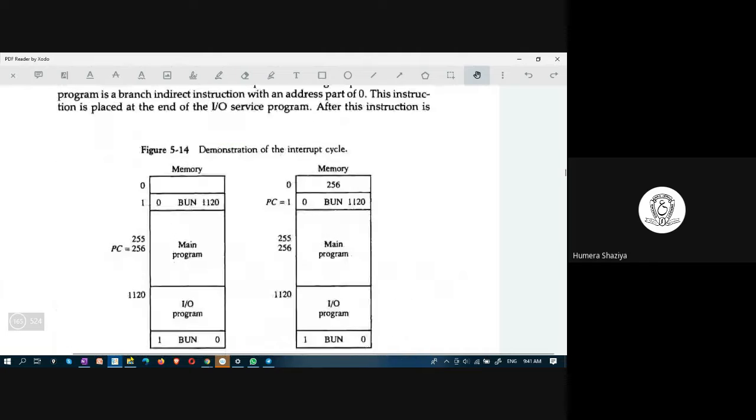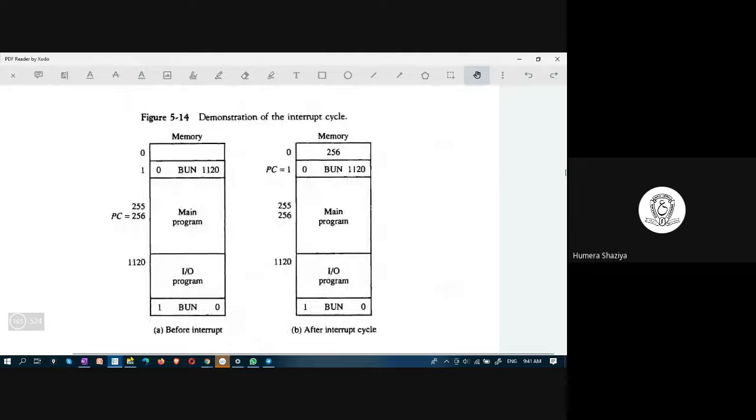And here there is an example. This is the demonstration of the interrupt cycle. Figure 5.14a shows the status of memory before interrupt, and B shows the status of memory after the interrupt cycle.